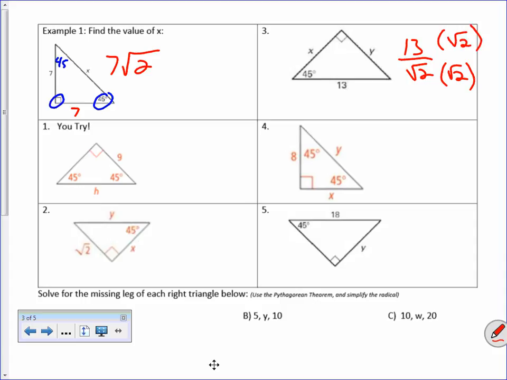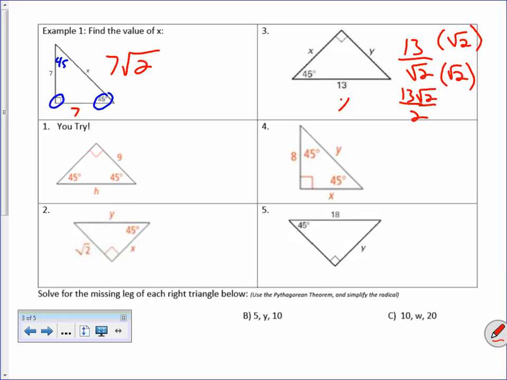Okay? So at the bottom, it's going to cancel out. Radical 2 times radical 2 is just 2. So now at the bottom of the denominator, we just have 2. Okay? And at the top, we're going to have 13 times root 2. Okay?